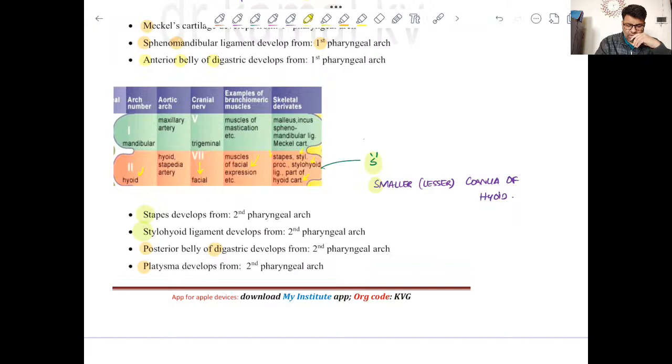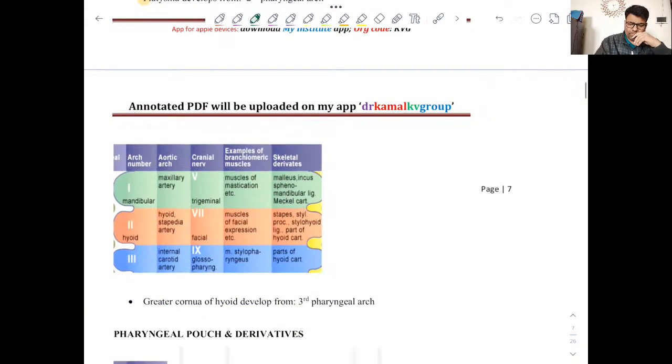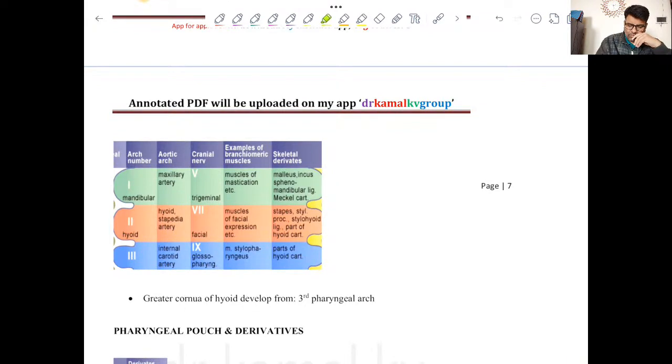So this is hyoid arch. So you can see the structures here, and majority of the structures start with S. Clear? Majority. Then third arch gives rise to greater cornua of hyoid.